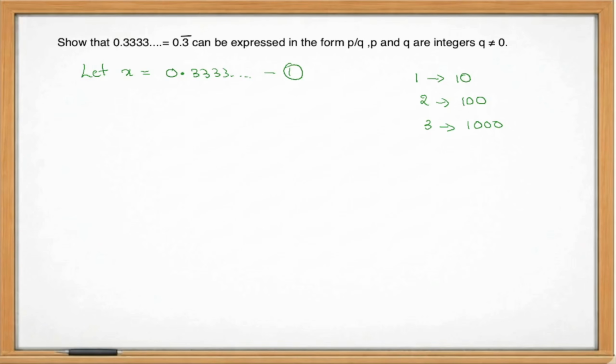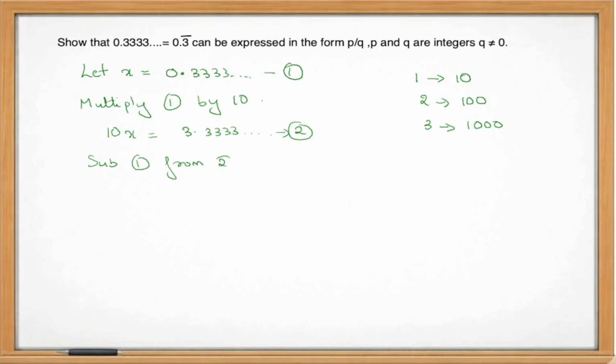So if you understand the method, it will be very easy for you to do, and it's sure for your exams. Okay. So we'll multiply this equation 1 by 10. So the equation will become 10x is equal to 3.3333. That is equation number 2. How did it become 3.333? When you multiply with 10, this decimal point will go to the right side, one number to the right side. Okay. The next step, we have to subtract. Subtract 1 from 2.